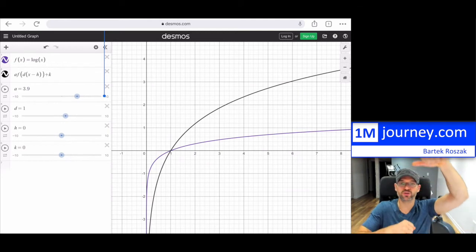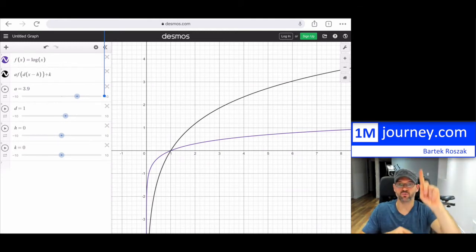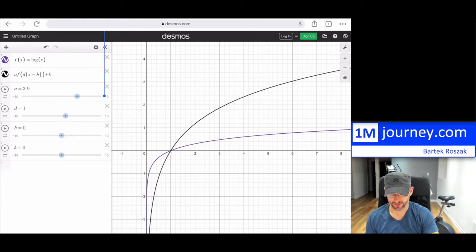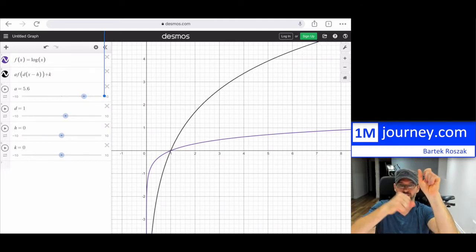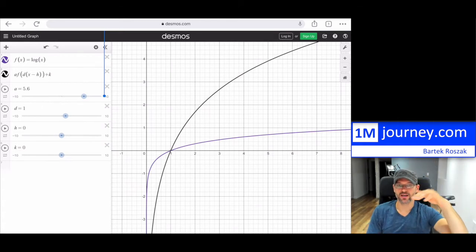It pulls them apart, it stretches it out in the y direction. If I make it bigger and bigger, it keeps stretching it further and further. It stretches it this way, stretches it that way, and tries to pull it apart across that x-axis. So that's what happens there.